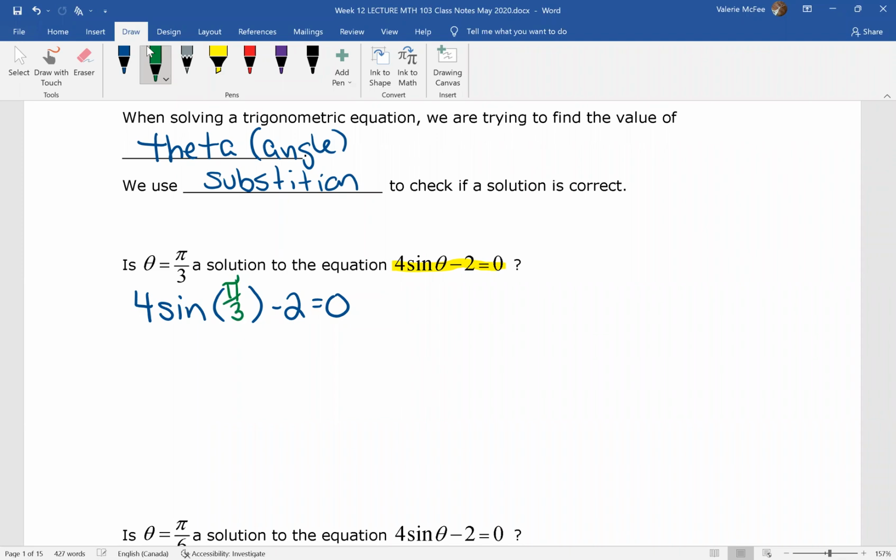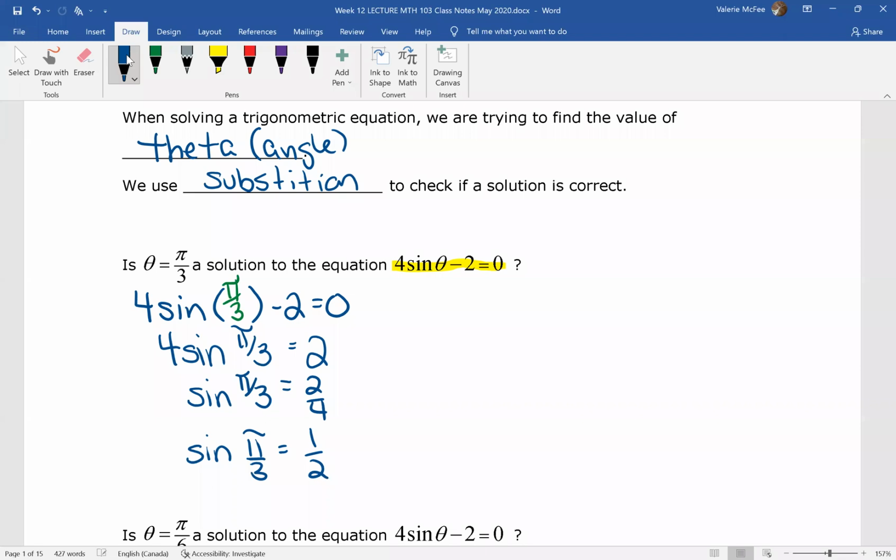We want to isolate sine theta. We added 2, divided by 4, and found that the sine of pi by 3 is equal to 1/2. Now, some of you will be more comfortable still working in degrees. 180 divided by 3, and we have this statement, sine 60 degrees equals 1/2.